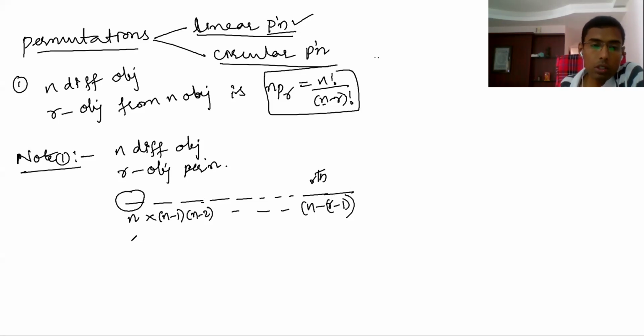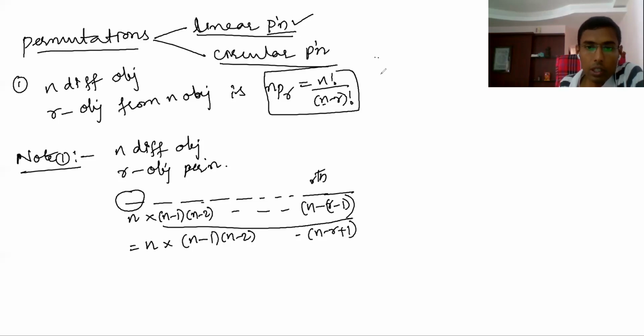Therefore, if you keep n aside, the rest is (n minus 1), (n minus 2), and so on up to (n minus r plus 1). Here you can multiply and divide by (n minus r) factorial.